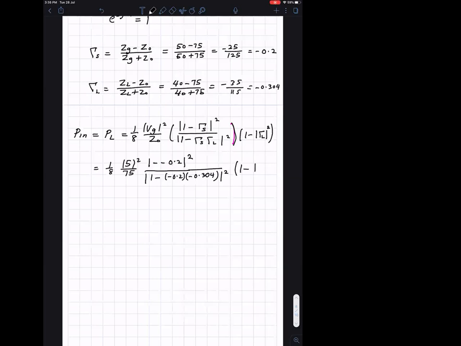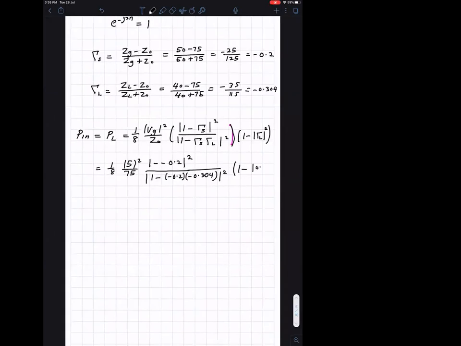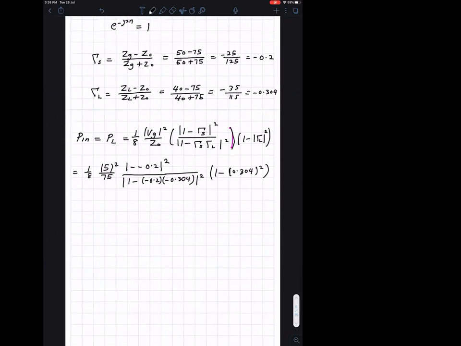Because you are taking the magnitude, this becomes positive, right? I don't know if I'm plugging these things in correctly. If there's any problem with the formula, please check this out later on.